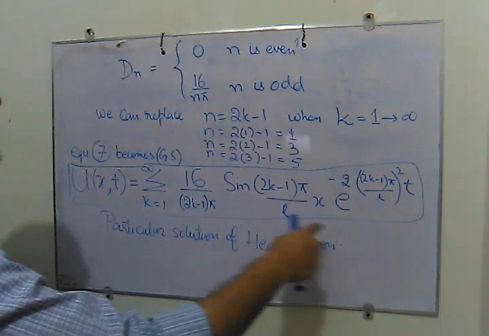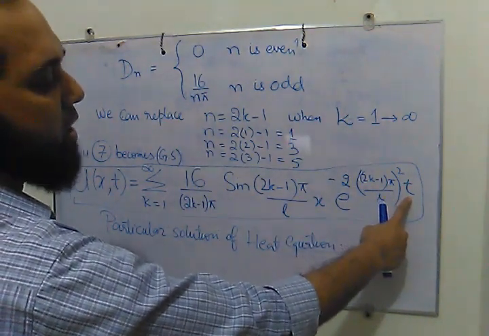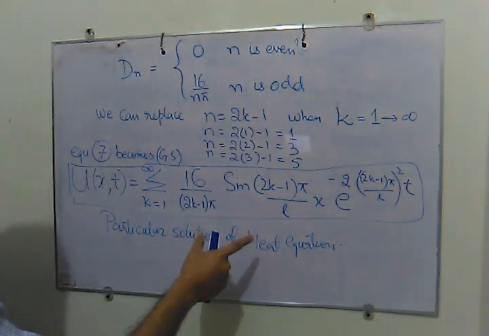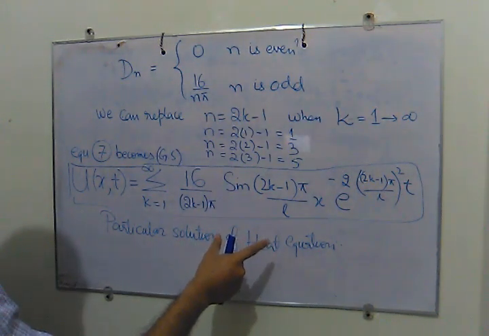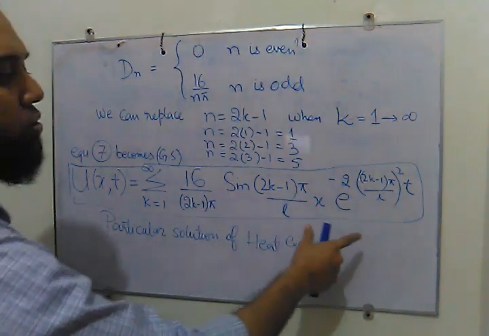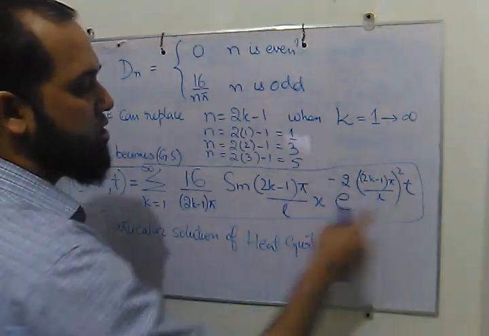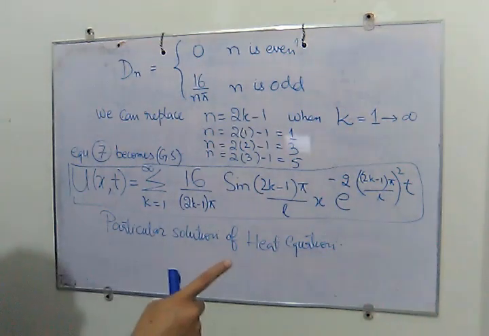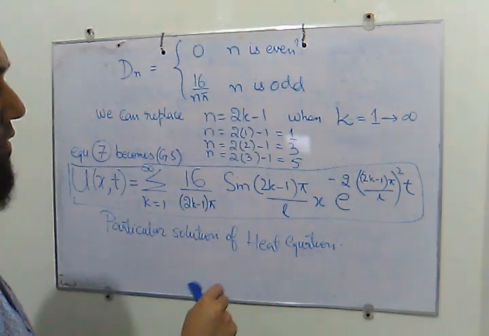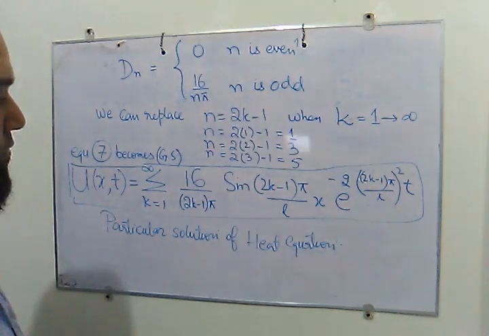The whole term would become 0 when t approaches infinity. Which means that the temperature of the bar will exponentially go to 0 as t approaches infinity. When time increases, the whole temperature of the bar will decrease and eventually it will become 0.